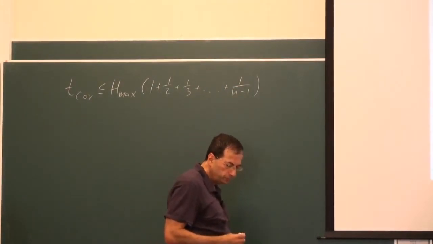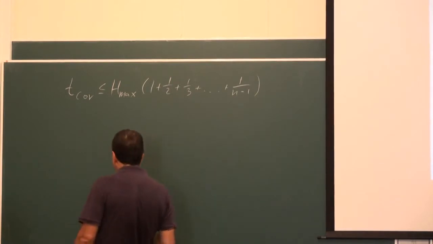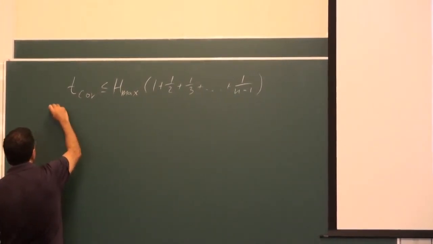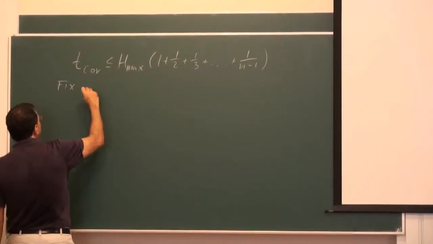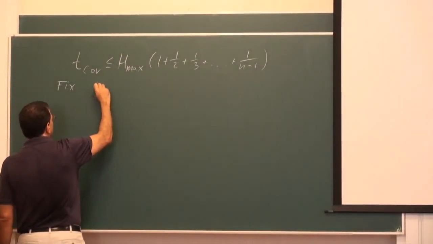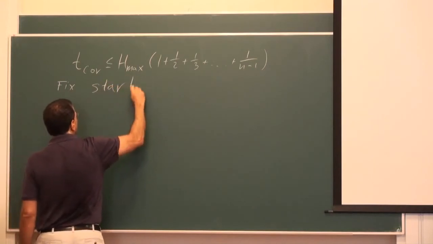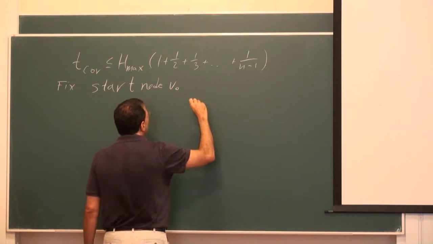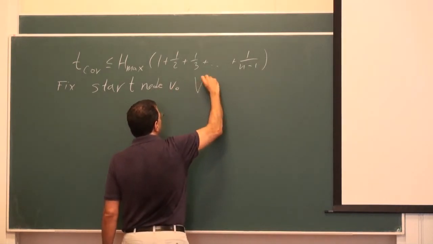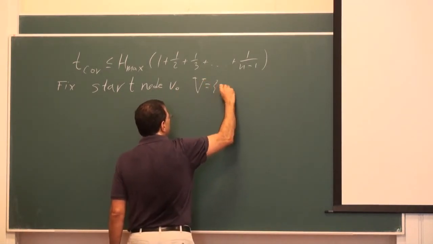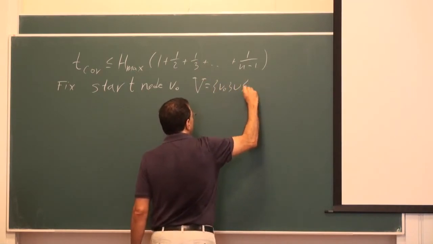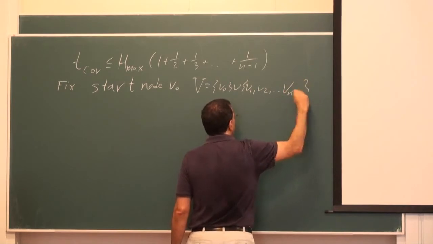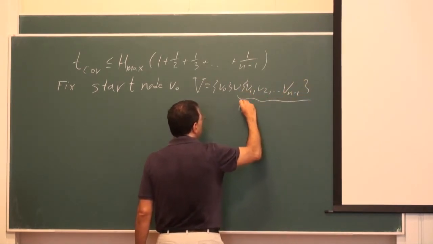Okay, so to see that, let's take the set of vertices of the graph. Fix the starting node V0. Now take V, which will be V0, together with V1, V2, up to Vn minus 1, but I want to take these in random order.